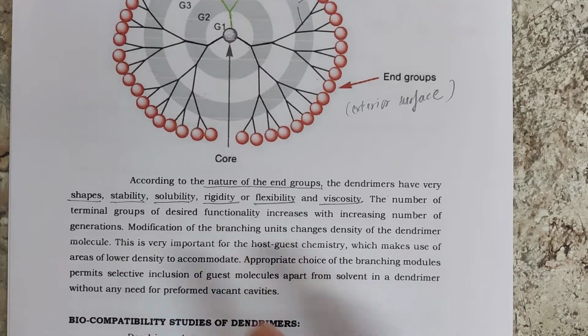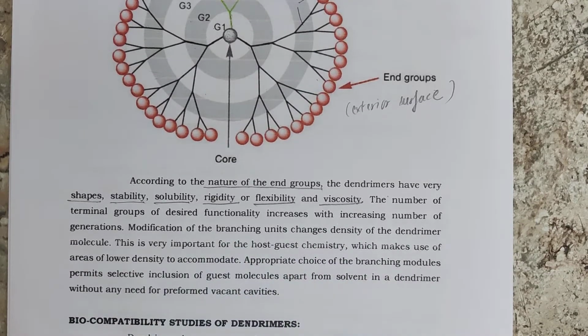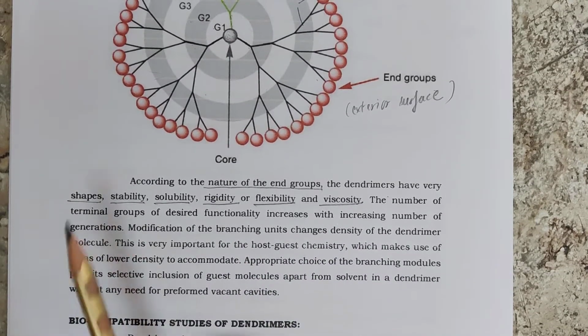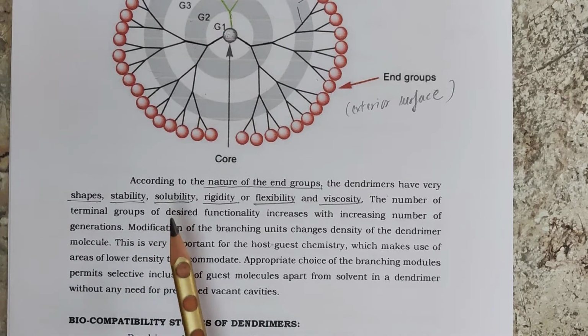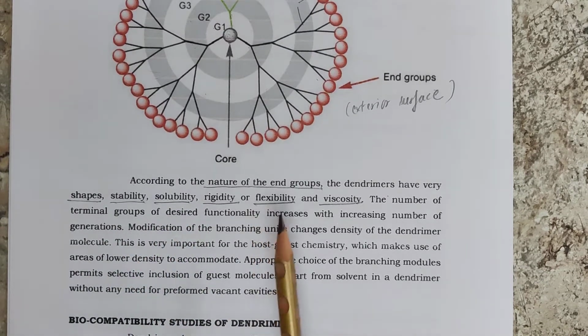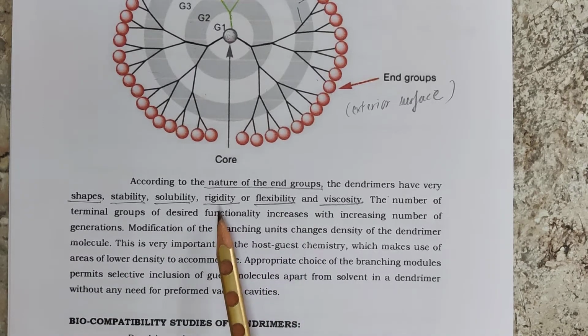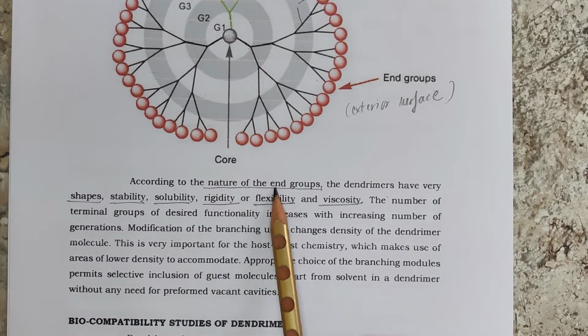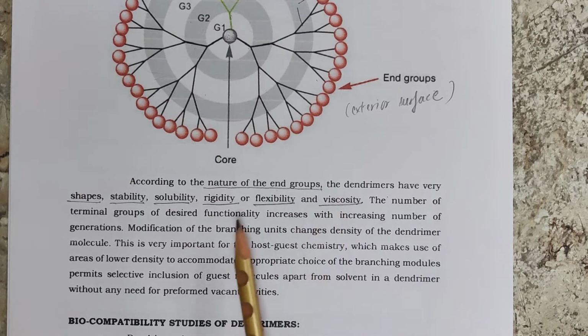So we can vary the end groups, and we can vary the shapes, or we can vary the stability or solubility in some particular solvents. All those things can be dictated by varying the end groups.